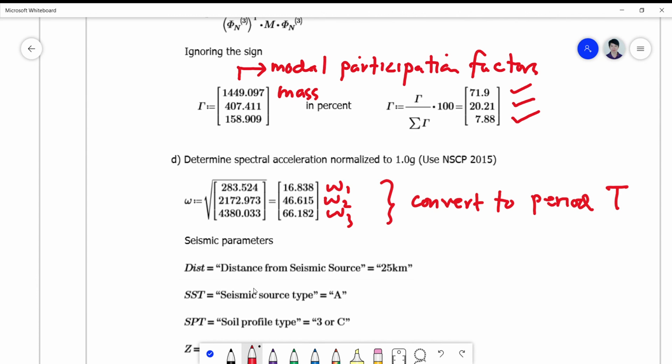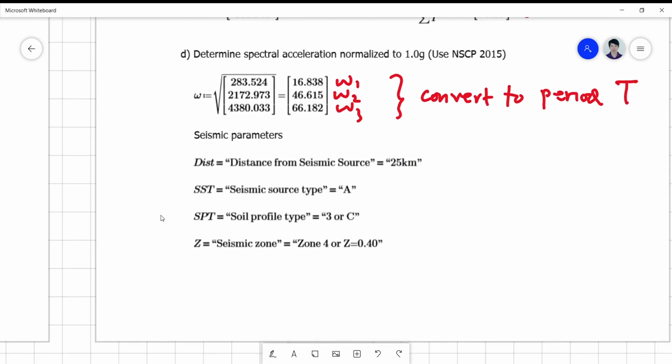But before we can use the response spectral graph, we need to first understand the seismic parameters, which I will be discussing in the next video, before we continue solving this problem related to dynamic lateral force determination. Okay, so I'll see you in the next video.